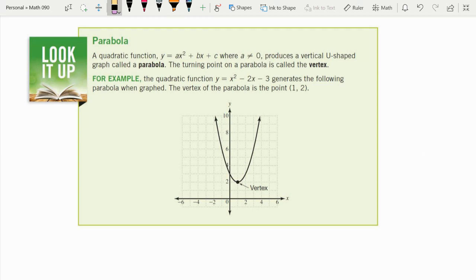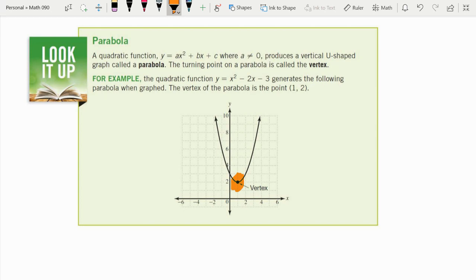Standard form there. Our graph, this U-shaped graph here, they call it a parabola. That thing's called a parabola. It's not a happy face, sad face, as I've heard some people call it. It's a parabola, and the parabola turns right at that vertex.